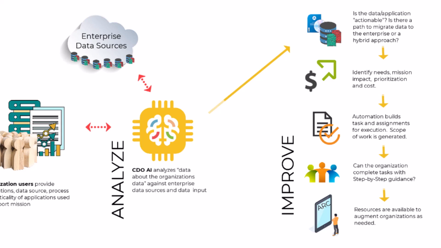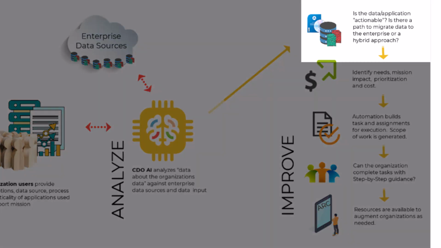Those are non-actionable, meaning that there's not really data in it that's going to take advantage of that enterprise data source. So we're going to take a look and see what are those applications or that data that can be either migrated or integrated or perhaps in a hybrid approach.